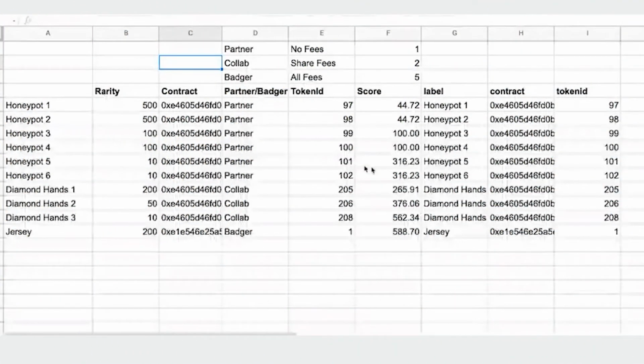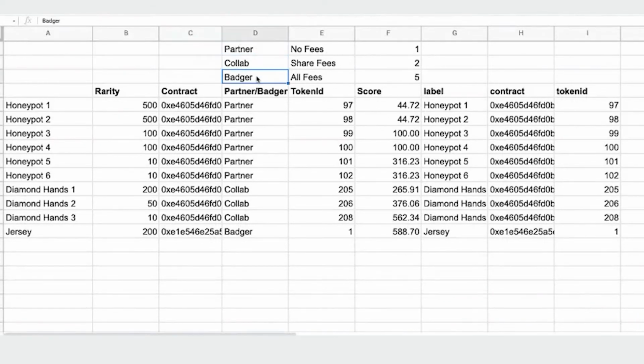So basically I just worked out a general model here where it's based off of rarity, and then if it's a partner, a collaboration, or a Badger NFT.